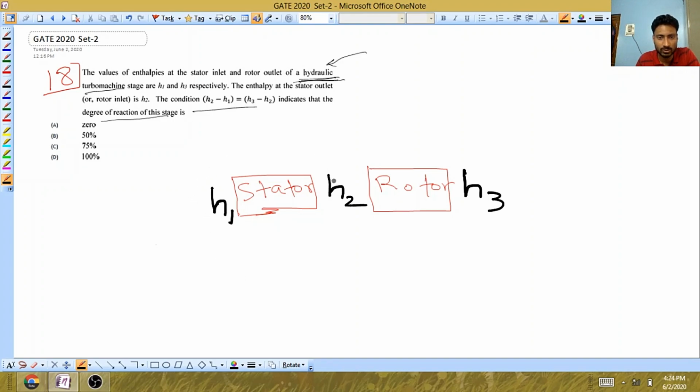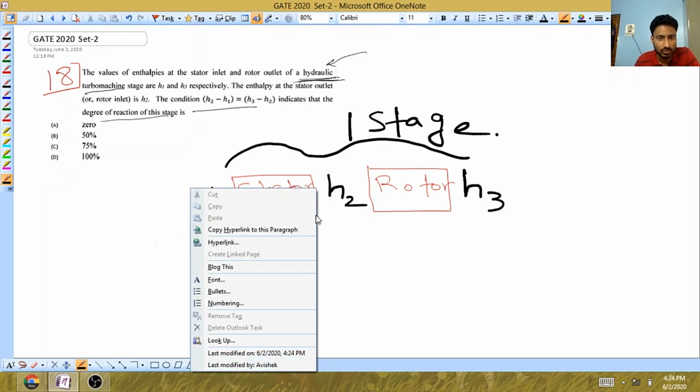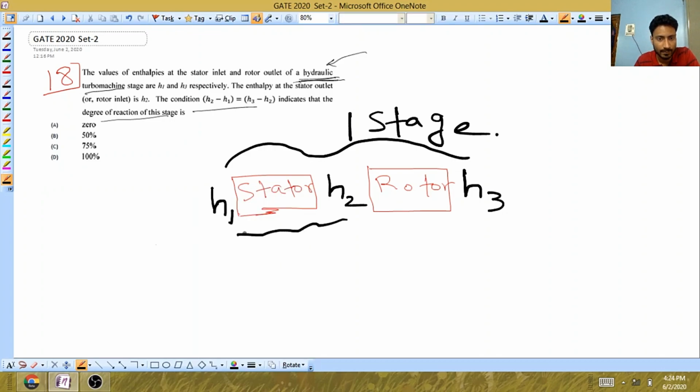This stator plus rotor makes one stage. They have given that H2 minus H1 is the same as H3 minus H2, and they want to know the degree of reaction.